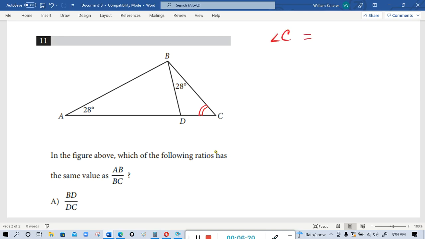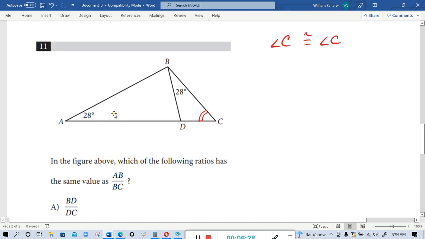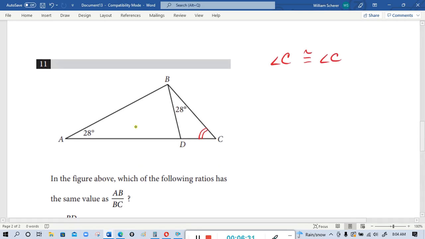Angle C is congruent to angle C. I'll make this one the big triangle, and this side here the triangle on the right. The angle that's 28 degrees is angle A. For the triangle on the right, the one that's 28 degrees is angle DBC.